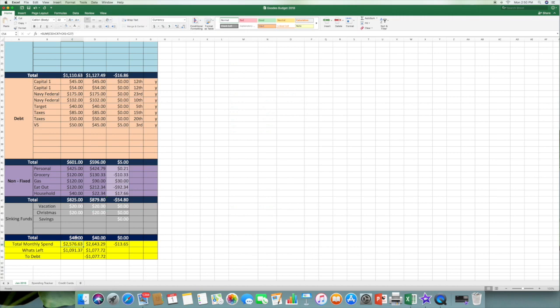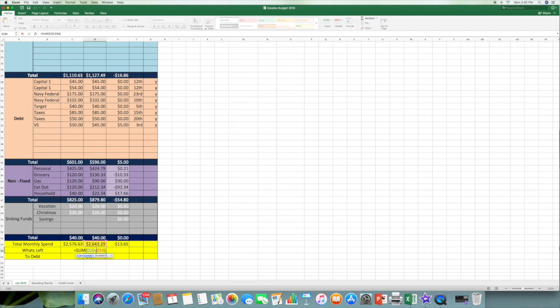So now, my total monthly spend was budgeted to be $2,576.63. I actually spent $2,643.29. I am over budget by $13.65. The what's left is when I subtract my income from my total monthly spend.